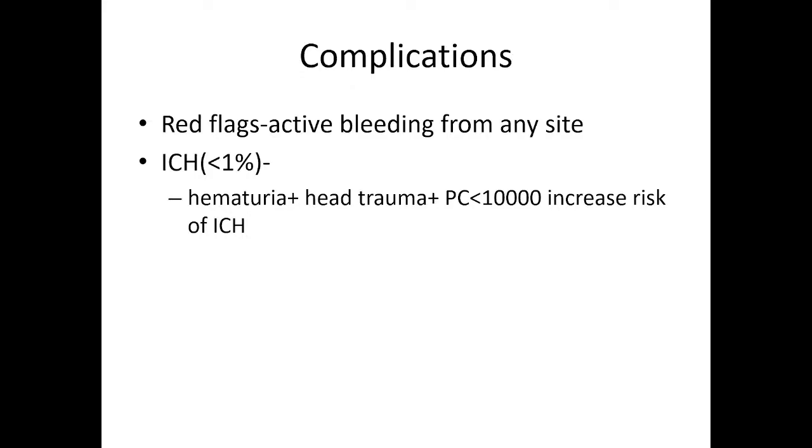Red flags: active bleeding from any site. If there is active bleeding, it means there may be internal bleeding also. ICH, intracranial hemorrhage, has a chance of less than 1%, but it is more common in children with hematuria plus head trauma plus platelet count less than 10,000, which increases the risk of intracranial bleeding.